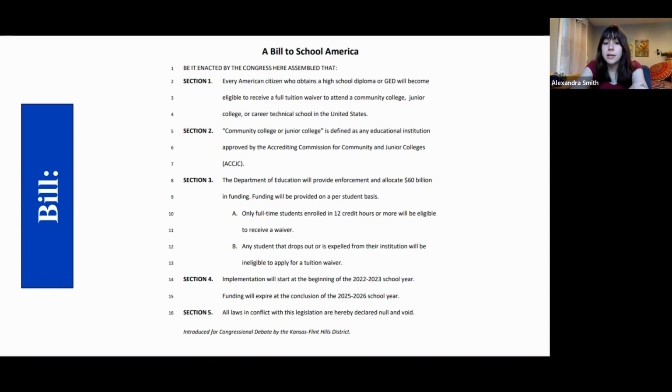The final line, introduced for congressional debate by the Kansas Flint Hills District, is giving you the author. The author of legislation is given a preferred place by the presiding officer when any of their pieces of legislation are next on the agenda. So when the PO opens the floor on a specific bill, they'll call first for an author.